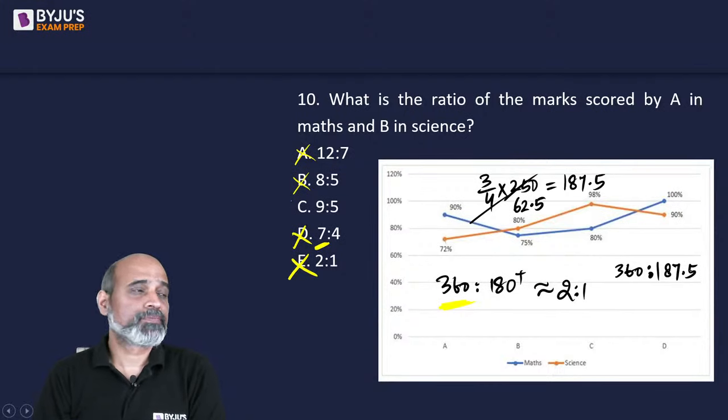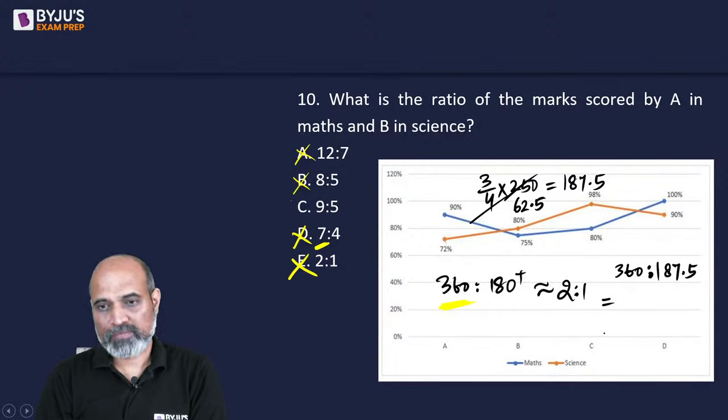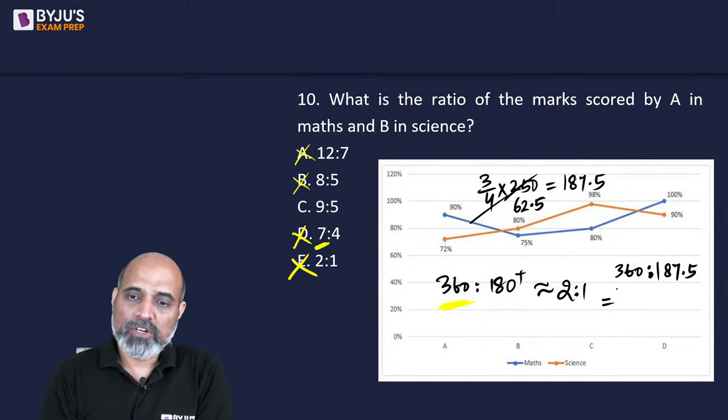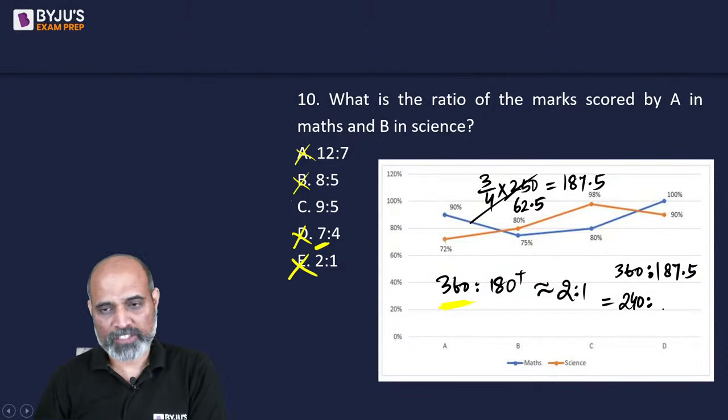So we have 187.5. Right? So they both are divisible by 1.5. अभी फिलहाल 1.5 से divide कर देते हैं. So if I divide this by 1.5, 240. 240 का 1.5 360 होता है.